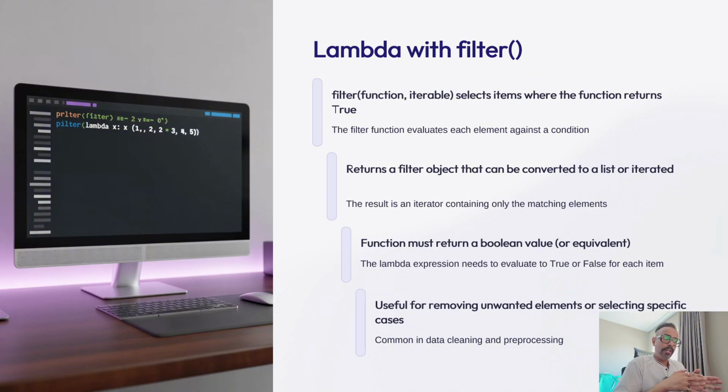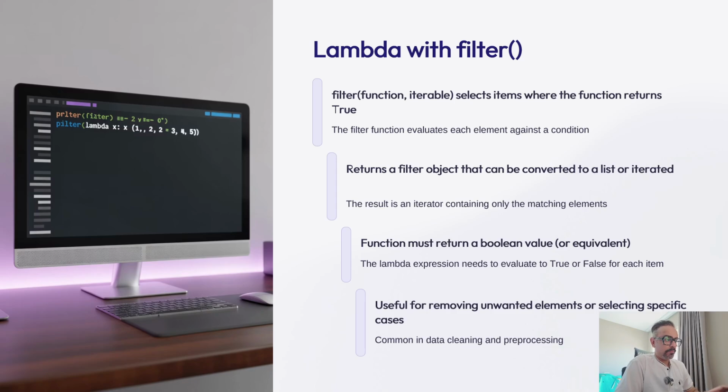Like map, filter also treats the data lazily and only generates values when needed. It is not going to run every time, only when it is required to run, making it memory efficient for large data sets. While list comprehension can often replace filter and lambda combinations, we are using filter with the lambda.